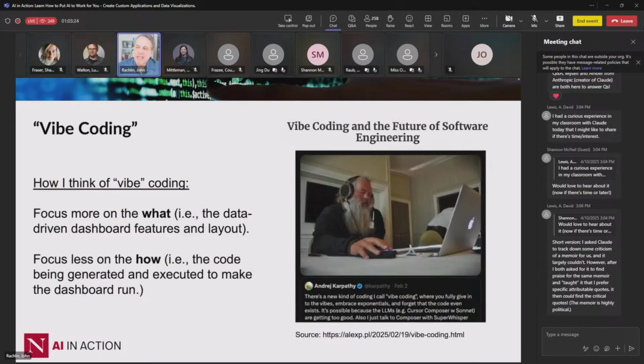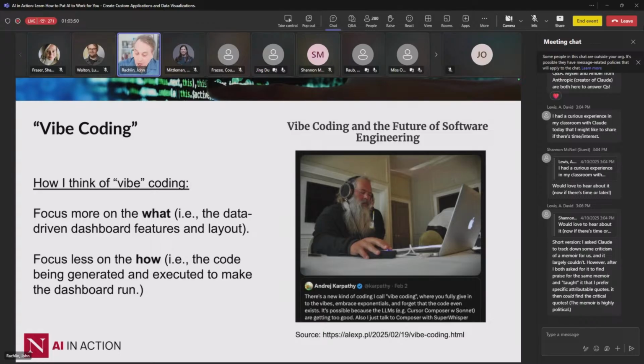What we are doing is something that has recently been termed vibe coding. And the idea here is that increasingly we think more about the what. What is it we want to be the outcome of our interactions with the AI? And we'll focus less specifically on the code that is being generated itself.